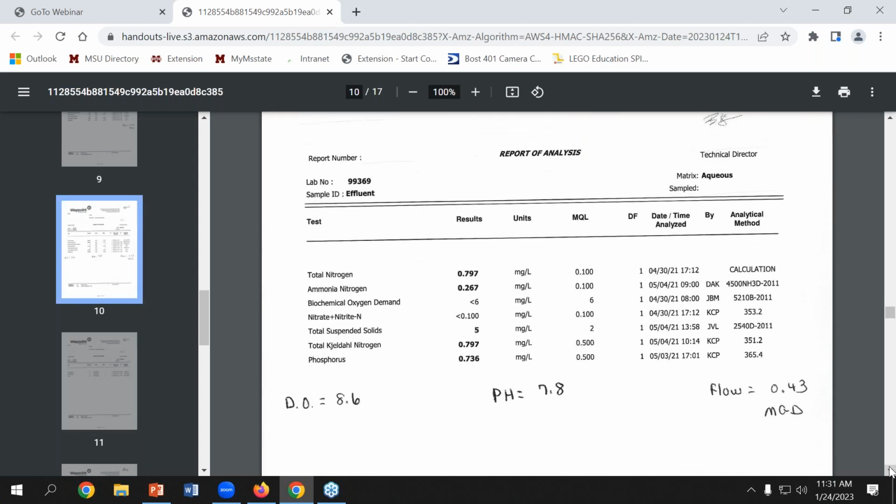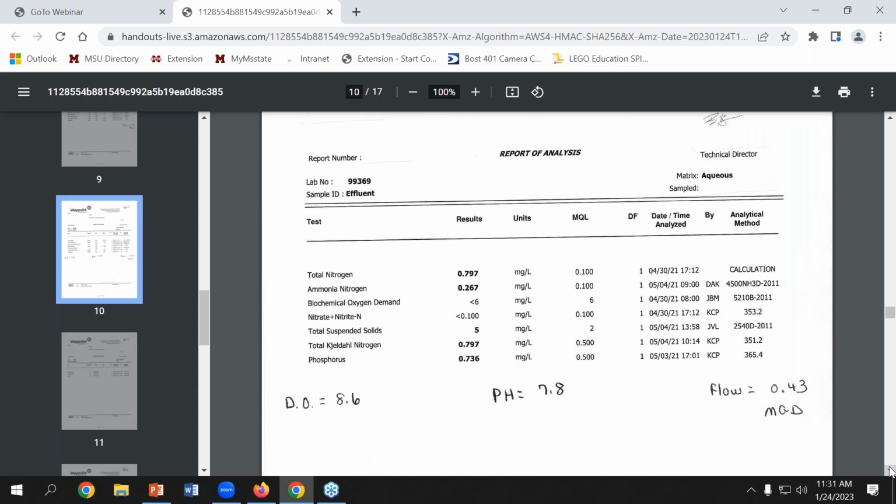And these, of course, are the effluent parameters on that same day. Notice that some of the need-to-know information, I took the liberty of penciling in at the bottom of the lab results, if the lab did not record it. For example, the effluent DO on that particular day was 8.6.